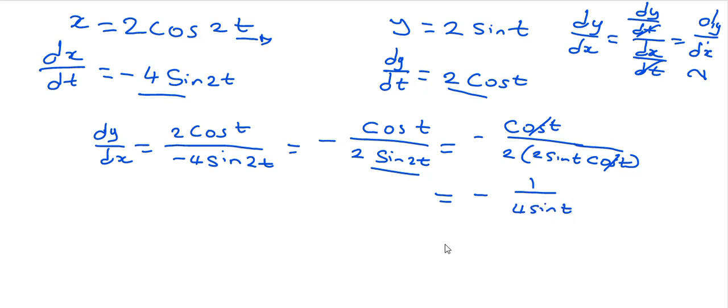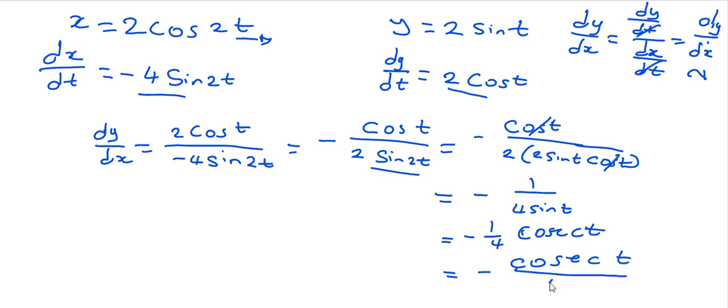And then this is still the same as negative 1 over 4 cosec t. If you can check, it's still the same as negative cosec t all over 4.